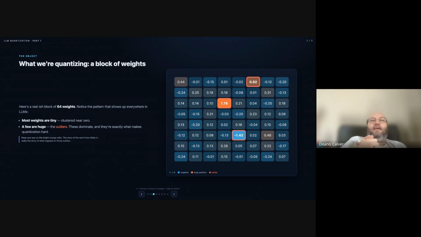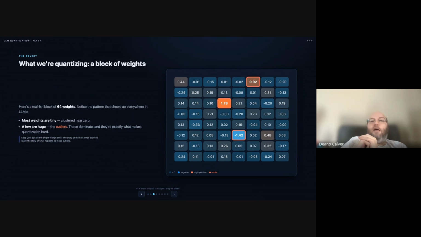So the first thing we have to acknowledge when we talk about quantization is what we are quantizing: weights. Obviously the real ones are many, many, many billions, but here we're just going to consider a small block of weights. So here are 64. If we look at the numbers, what we find is they tend to be a bit like this small example.